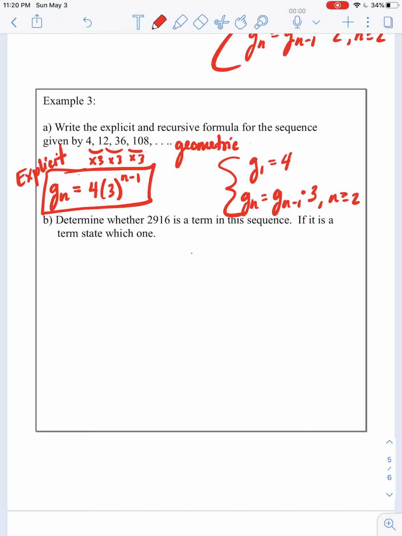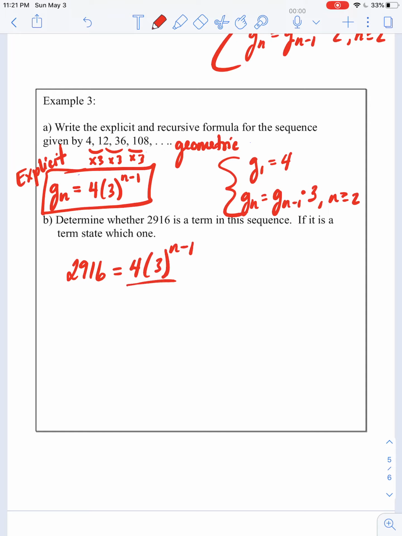Well, one thing you could do is just start multiplying by 3 and see if you get to it. But just to use our formula here, 2,916 is the number over there that we're trying to get. And so we're trying to solve for n.